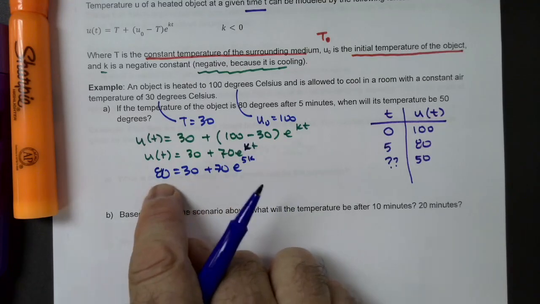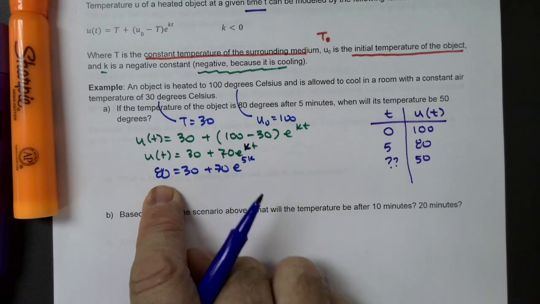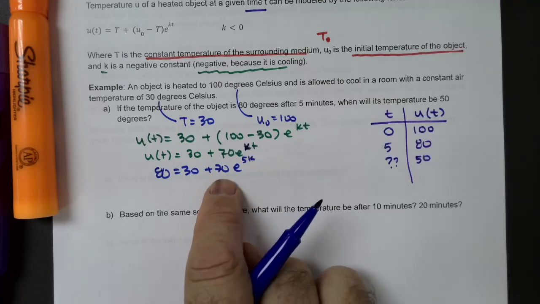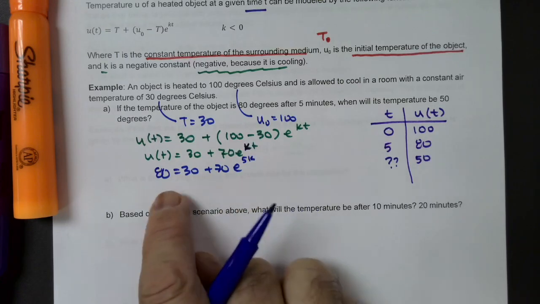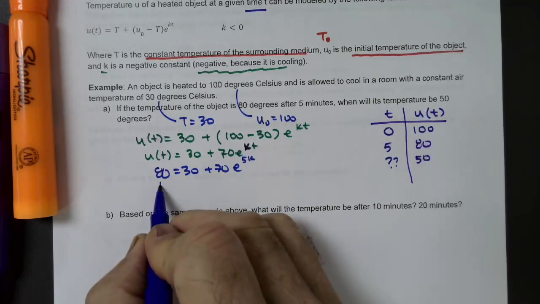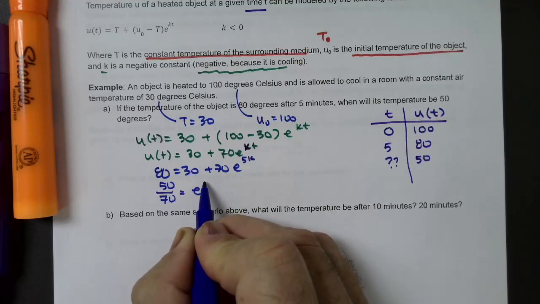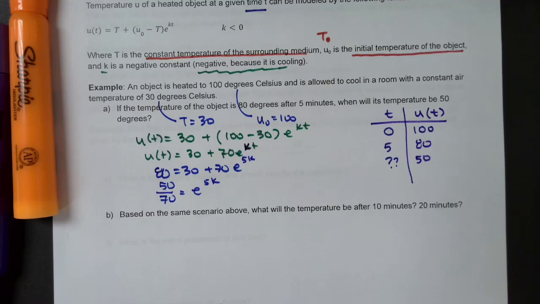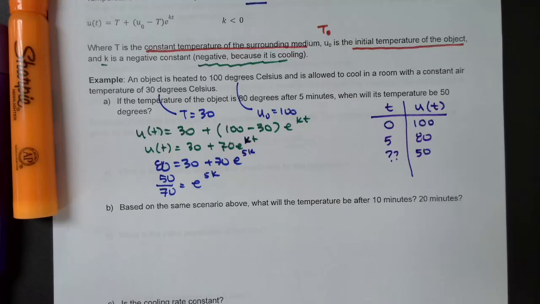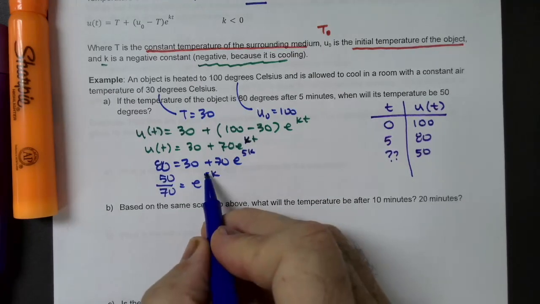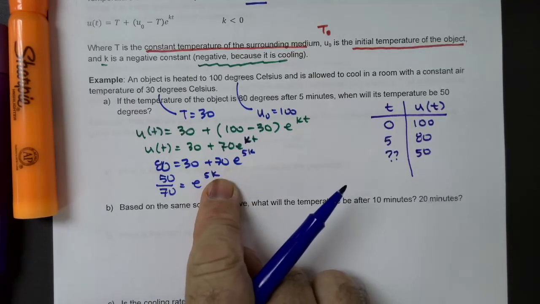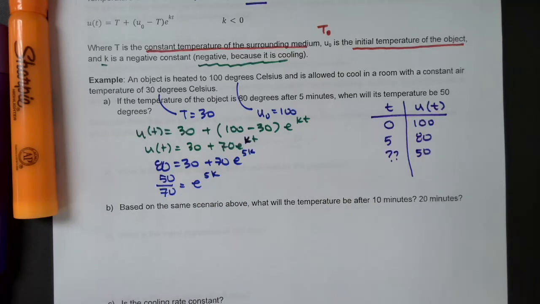Let's subtract 30 from both sides. And while I'm at it, I'm going to divide by 70. So 80 minus 30 is 50, divided by 70 gives us e to the 5k. And you can see why this is in this natural log portion, because in order to get that k solved, we're going to take the natural log of both sides.